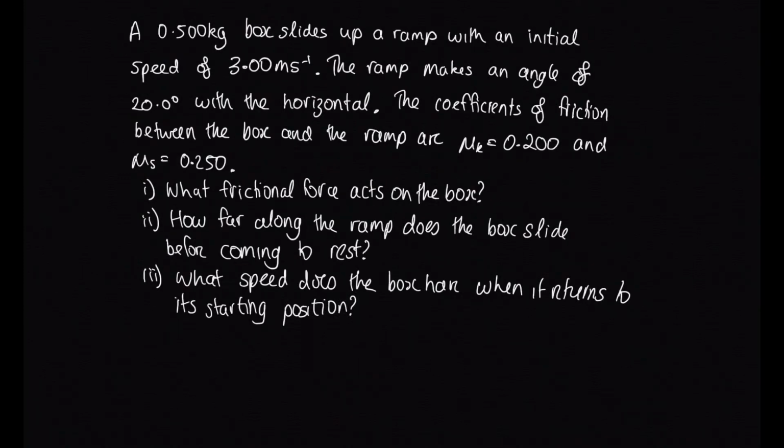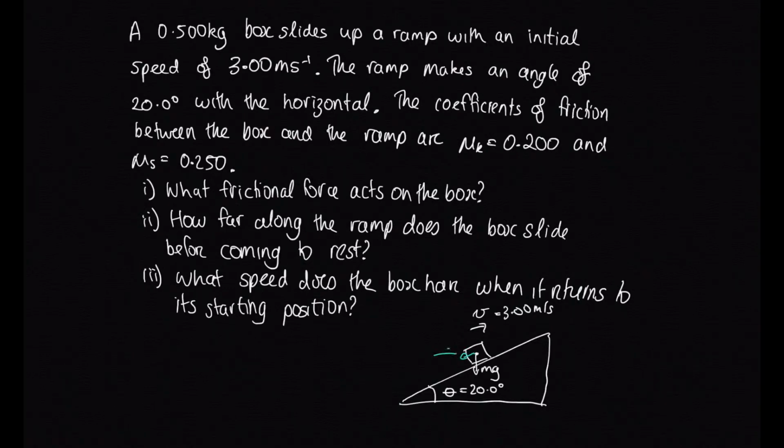Okay, so let's draw a little diagram because that's always a good way to start. And so we've got an angle here, theta, which is 20 degrees. We've got a mass on our ramp. Initially, it's traveling upwards with a speed v equal to 3 meters per second. And acting on this mass, we've got the weight force, mg downwards, which we can break into two components.